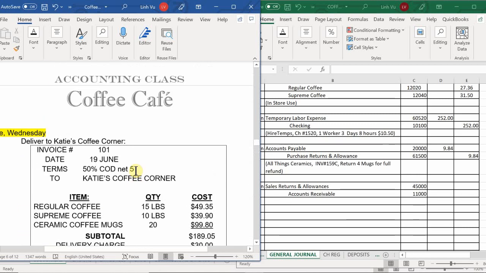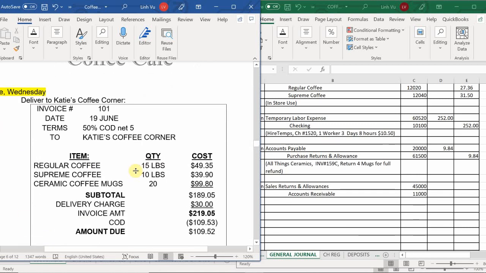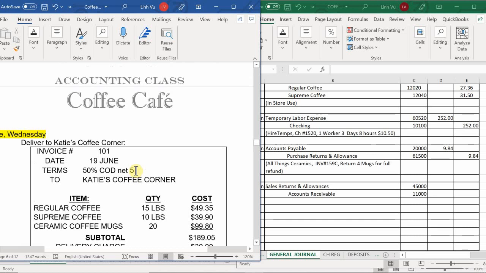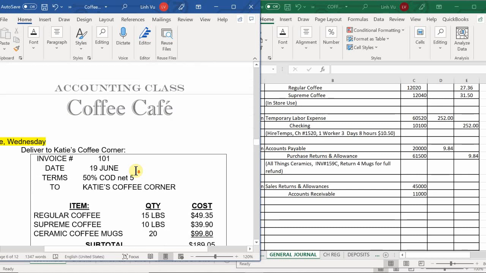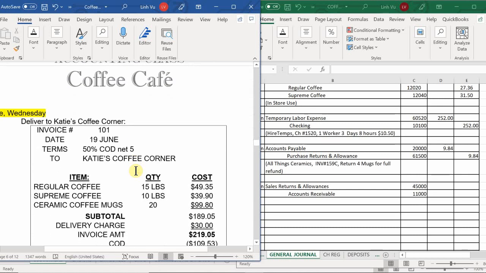You're looking at the invoice. Divide by the number of cups we bought, 20 cups, to see how much it costs for one. How many cups is she returning? 2.